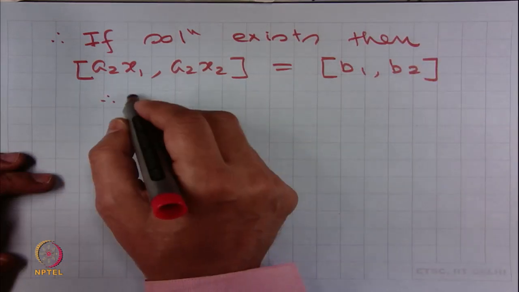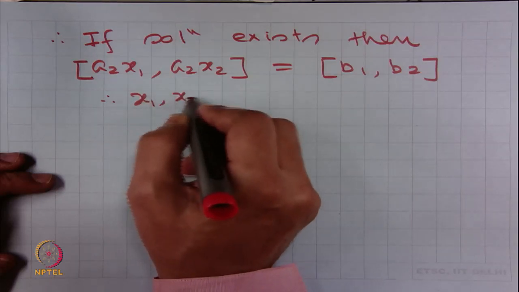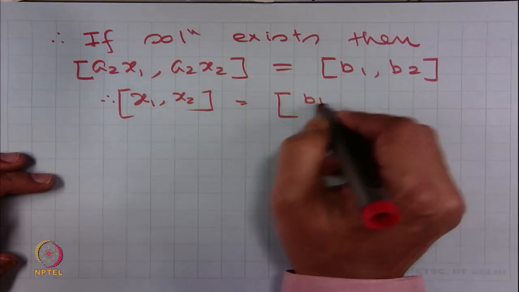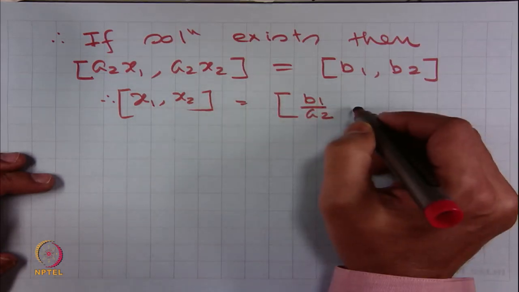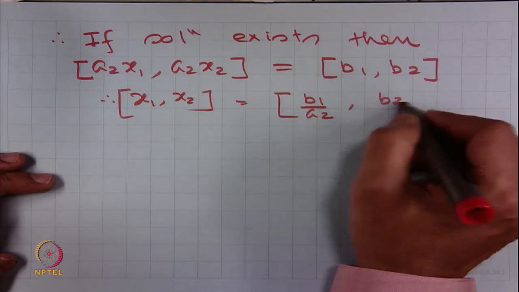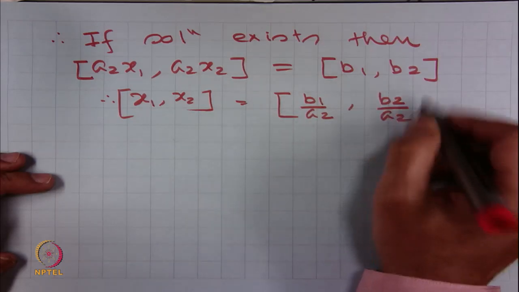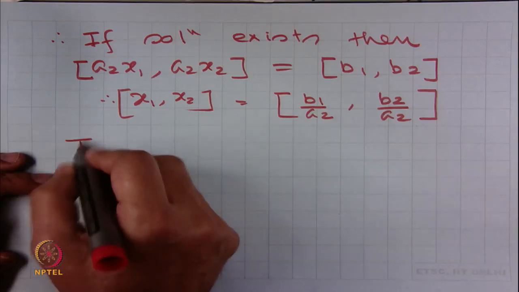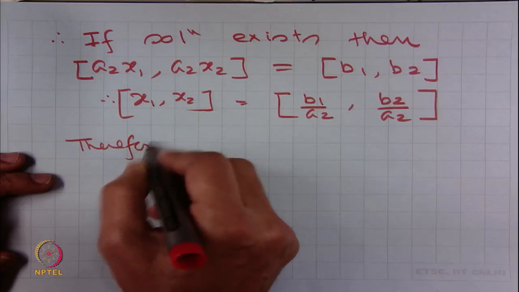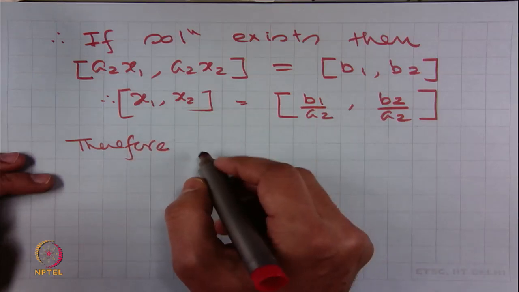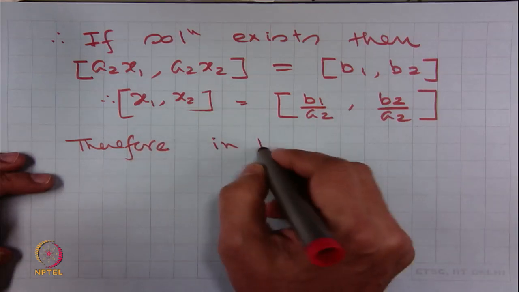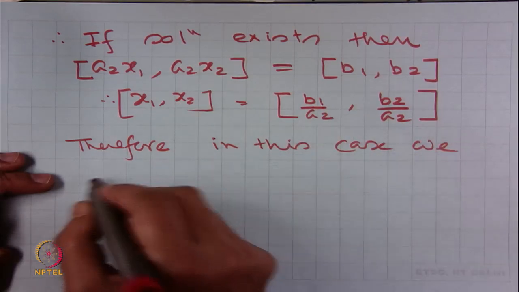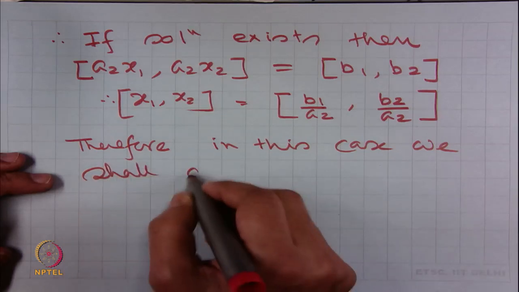Therefore, x1, x2 is equal to B1 upon A2, B2 upon A2. Therefore, in this case, we shall always get a solution.